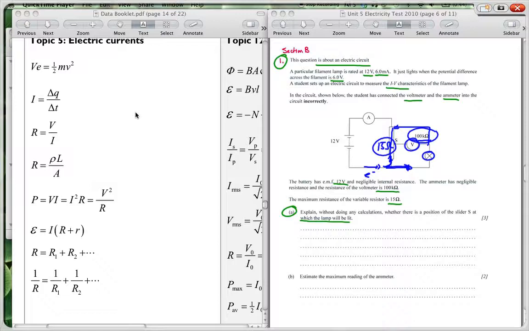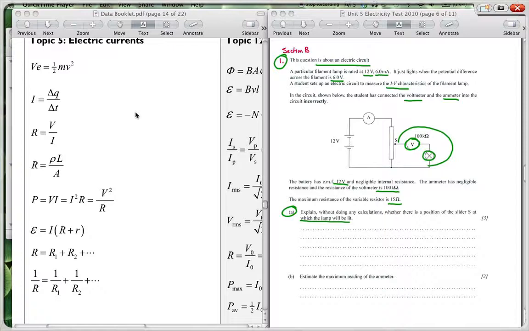Also, from a point of view of potential difference, the potential difference across the voltmeter and across your lamp will add up to the total potential difference across this whole section.